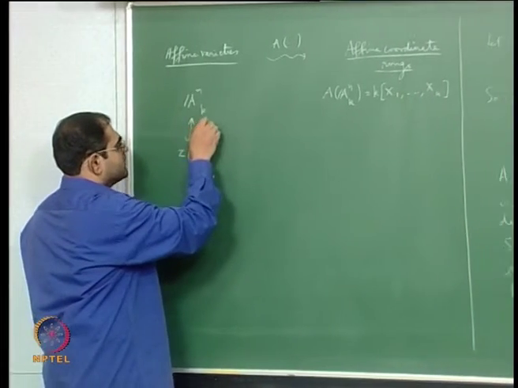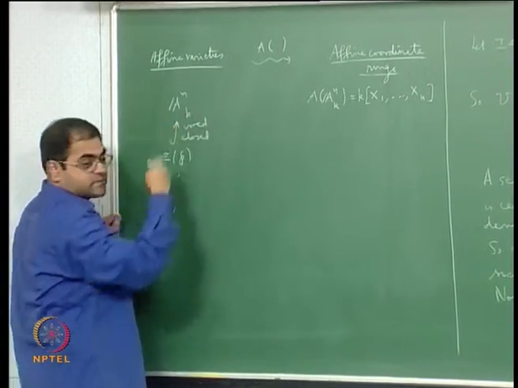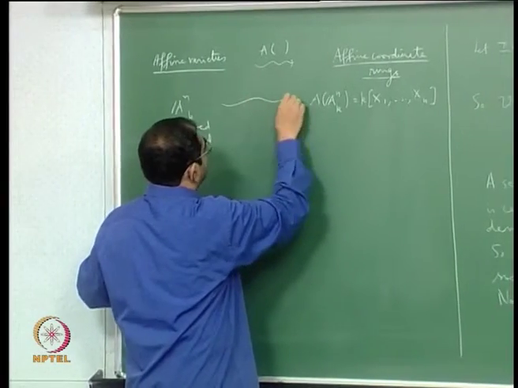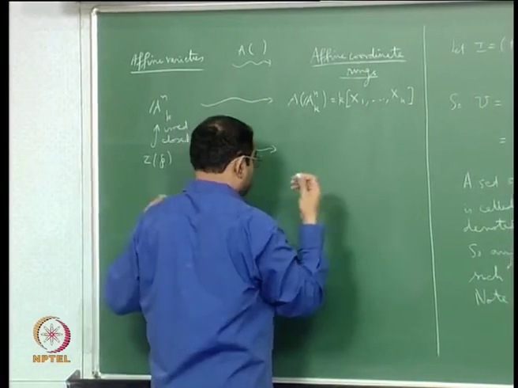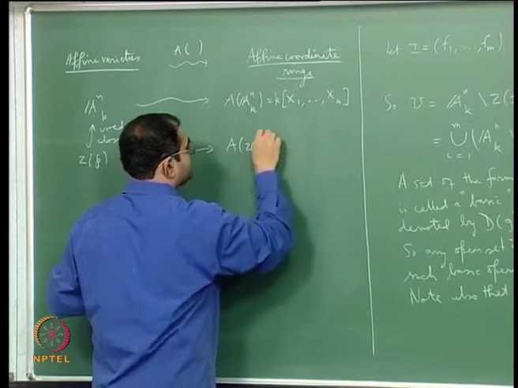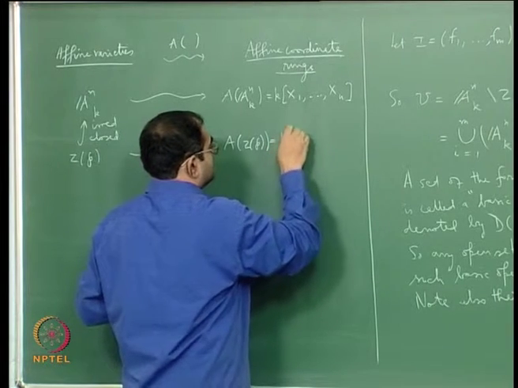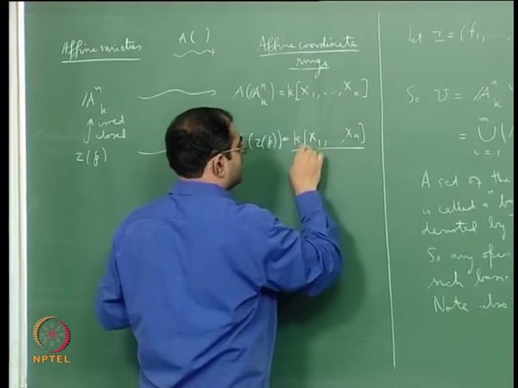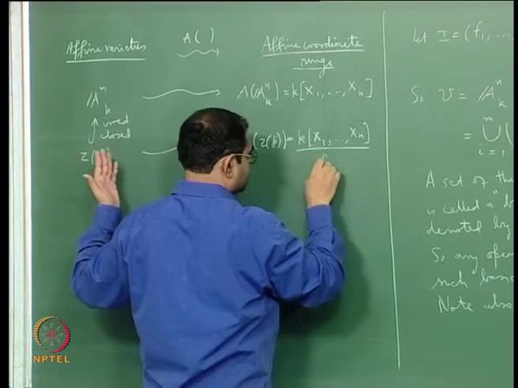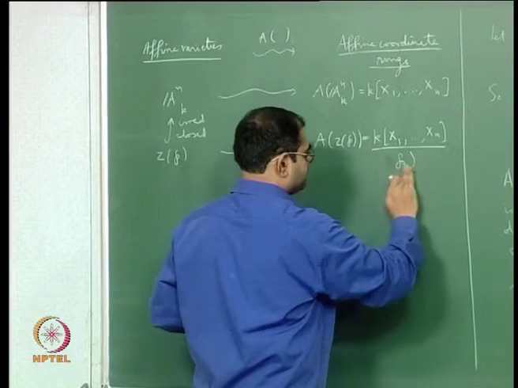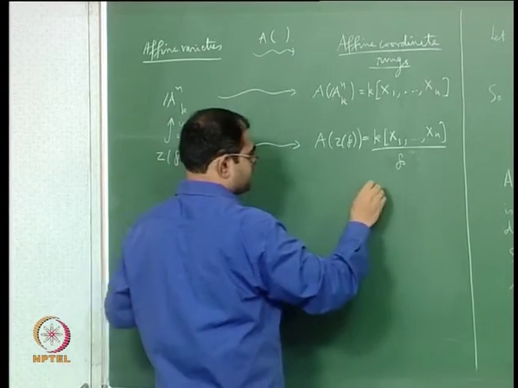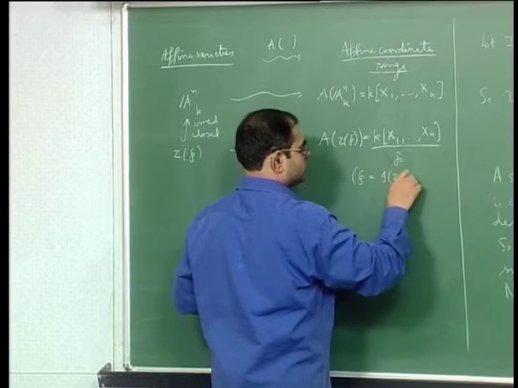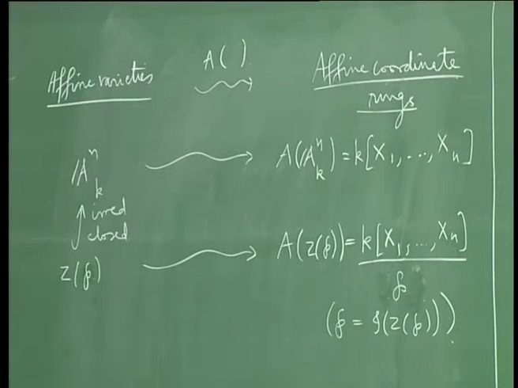We called such a subset an affine variety, and for it the corresponding affine coordinate ring, or ring of functions, was defined to be A(Z(P)) equal to the coordinate ring of the larger ambient affine space divided by the ideal of that variety, which is just P, where of course P is the ideal of Z(P). This is how we define it.